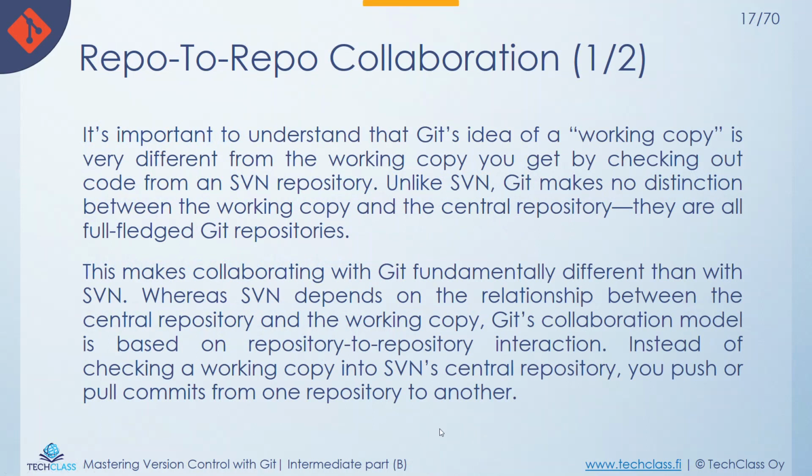And here is also an explanation of some fundamental concepts related to collaboration between repositories, in the Git concept and the SVN concept. Nothing very important that I go deeper into, but if you like, you can gain a bit more knowledge from it.